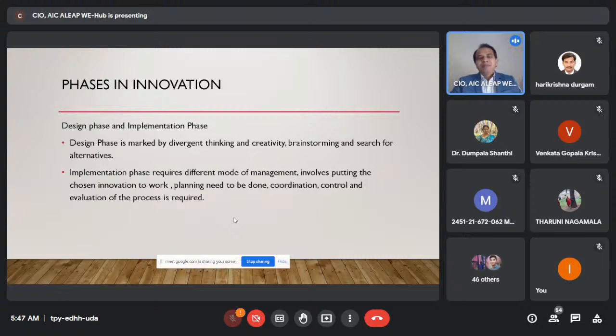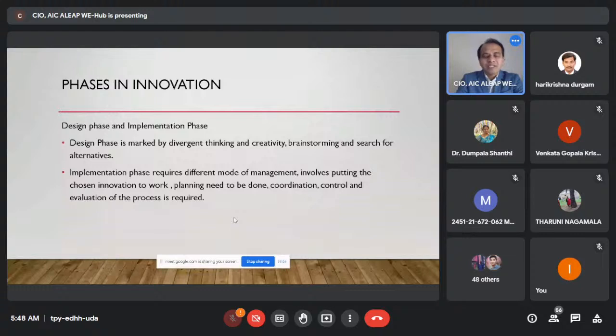So when we speak about the phases of innovation, we have two types of phases: the design phase and the implementation phase. When we speak about the design phase, you do the design by performing brainstorming and creativity and involving several people, or you do it on your own.